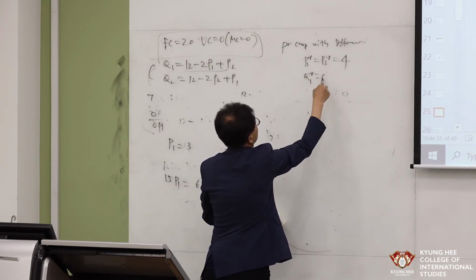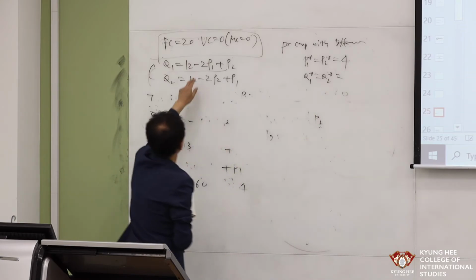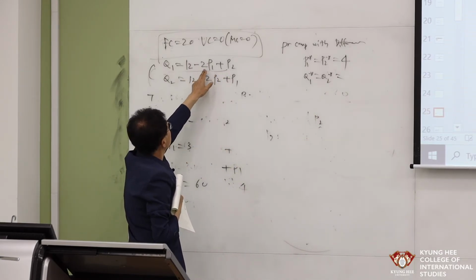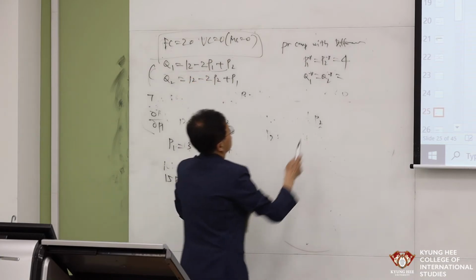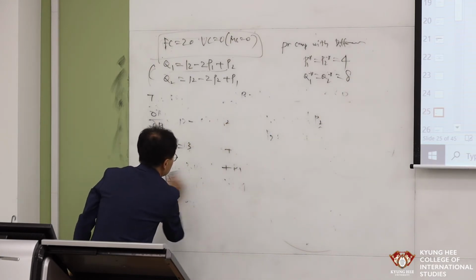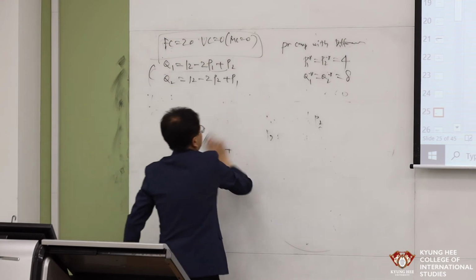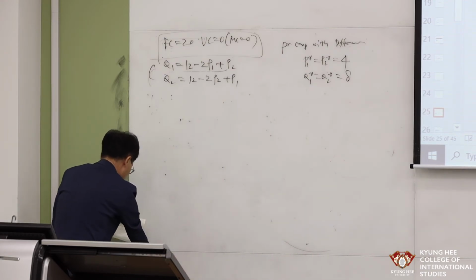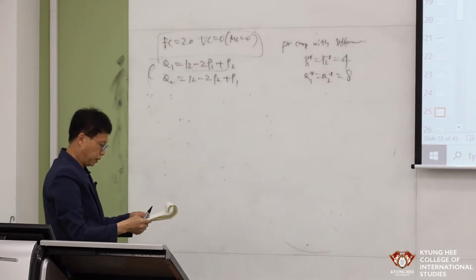Q1 star is equal to Q2 star. For example, Q1 star is, P1 is 4, P2 is 4, 12 minus 4, so 8 left, right? Q1 star and Q2 star are equal to 8. Then we can calculate profit.